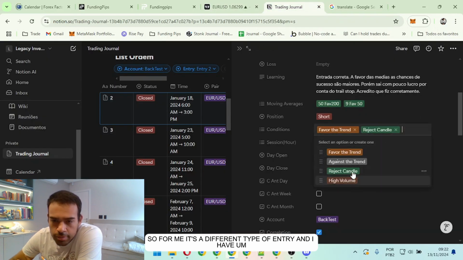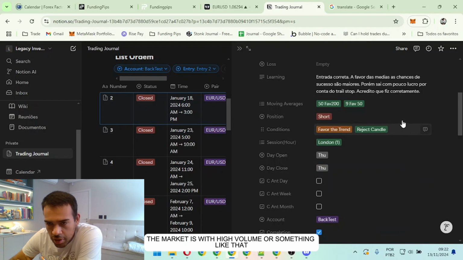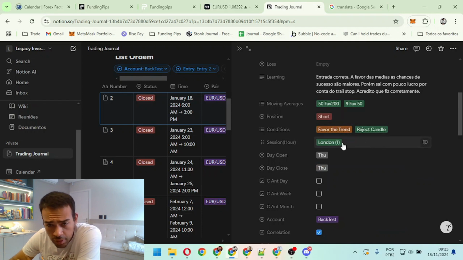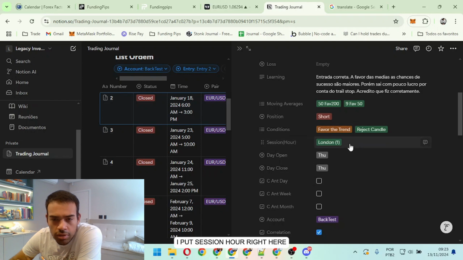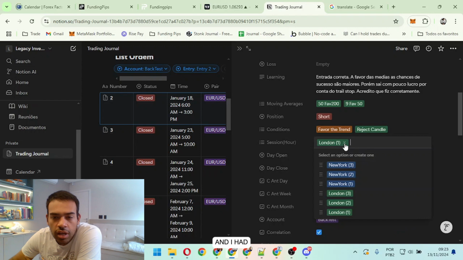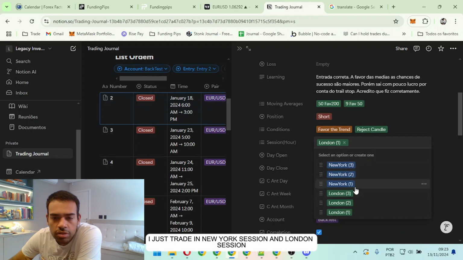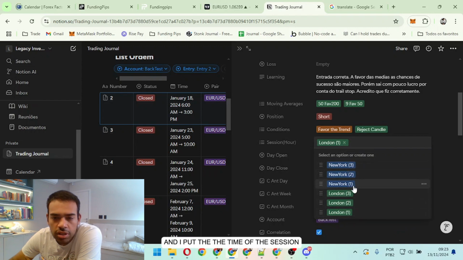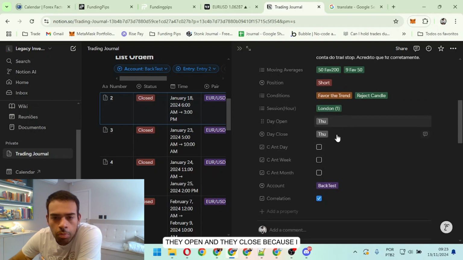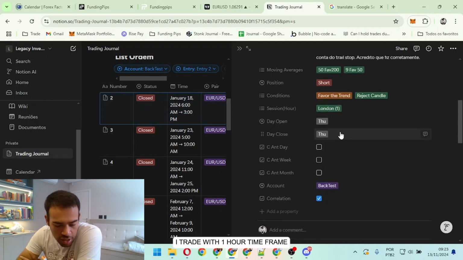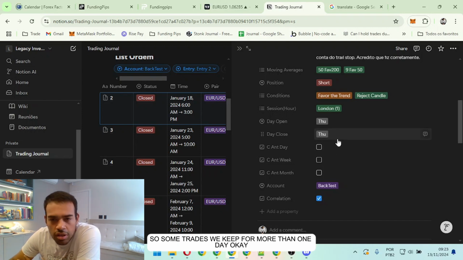And I note if the market has high volume or something like that. I put the session hour right here, and I only trade in the New York session and London session, and I put the time of the session I open the trade too. There are open and close dates because I trade on the 1 hour time frame, so some trades we keep for more than 1 day.